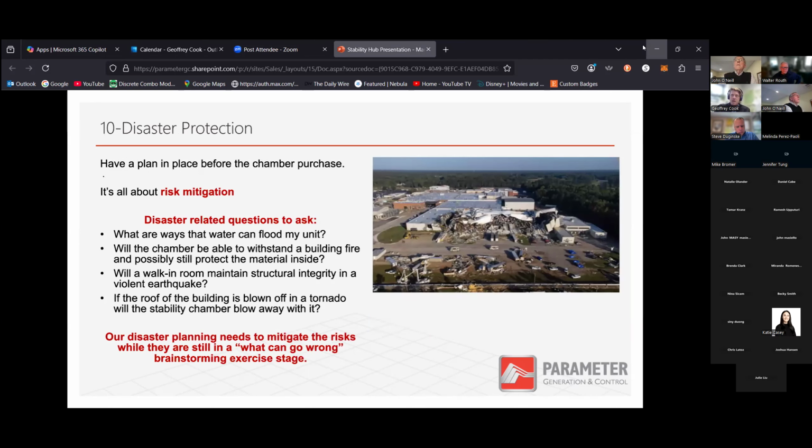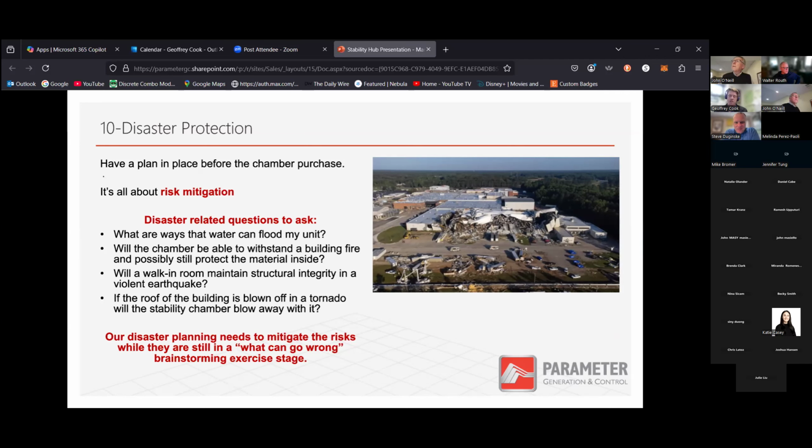My last topic for everyone is disaster protection. We recently had a pretty significant disaster here in Western North Carolina, and we've had some of our customers dealing with it. So having a plan in place when you purchase your chamber, it's all about risk mitigation.